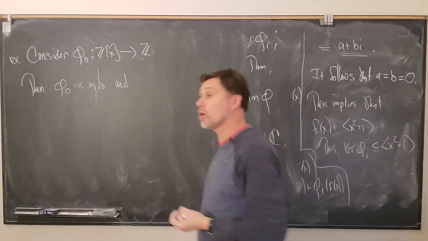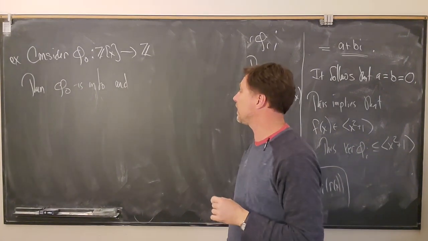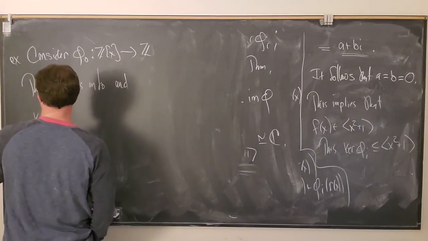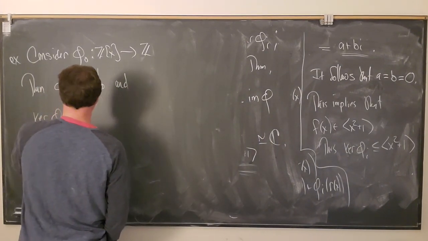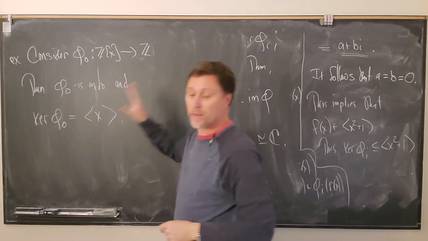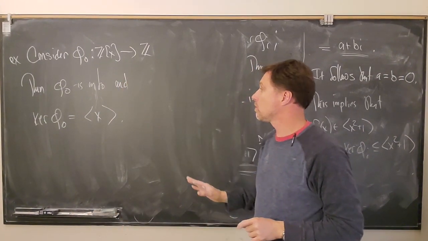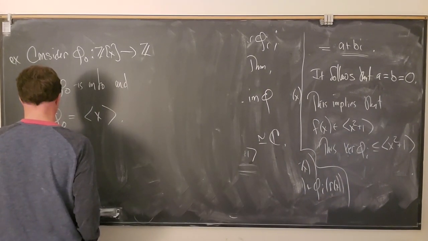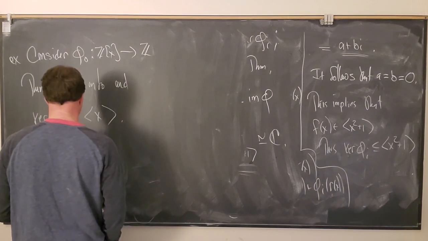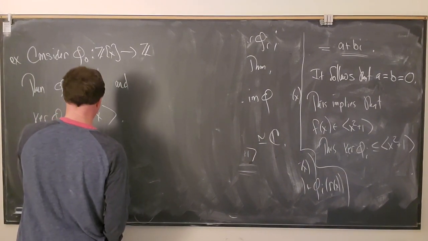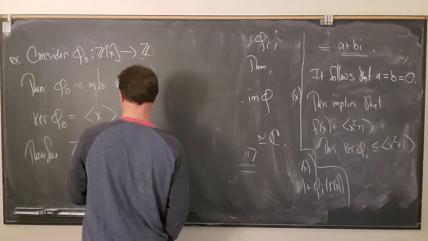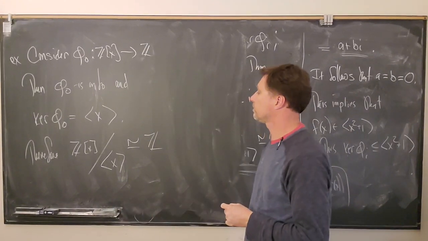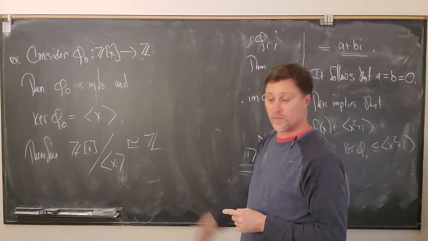Well, so we're plugging in 0. If you're going to plug 0 in and get 0, that means it's got to have a factor of x. And so the kernel of phi sub 0 is the ideal generated by x. Check the details on this. Therefore, what do we have then? Z bracket x mod the kernel is isomorphic to the image, like that. We're going to need this fact a little later on.